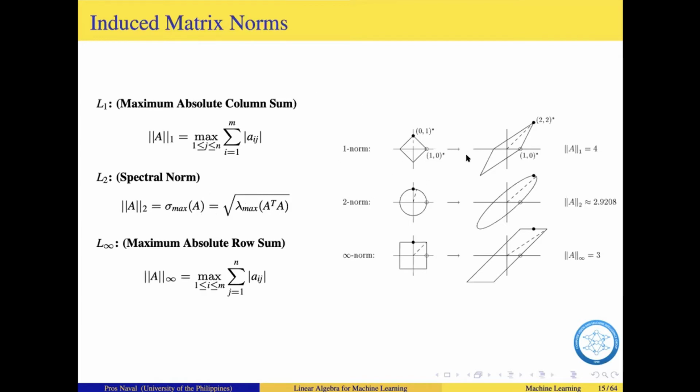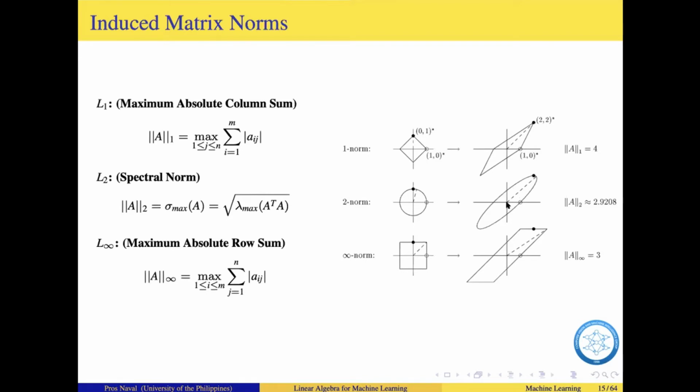So this is how your matrix norms look. You have here a unit ball. When you take the matrix norm for the L2 norm, it produces this result. So the unit ball gets stretched in one direction and compressed in the other direction.